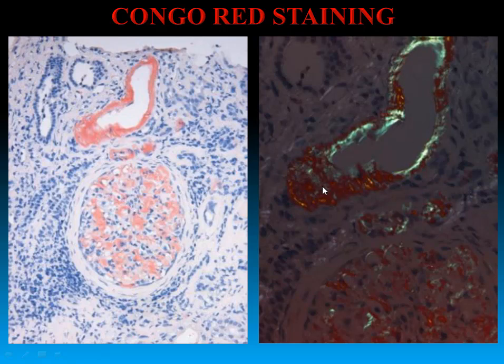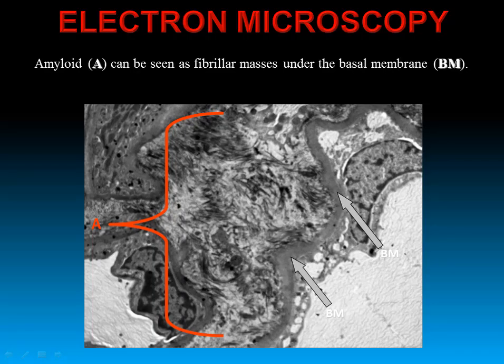In polarized light, the reddish color of Congo red transforms to greenish. In electron microscopy we can detect amyloid deposits under the basal membrane, in the stroma, in the wall of blood vessels, and in the mesangial space of glomeruli.